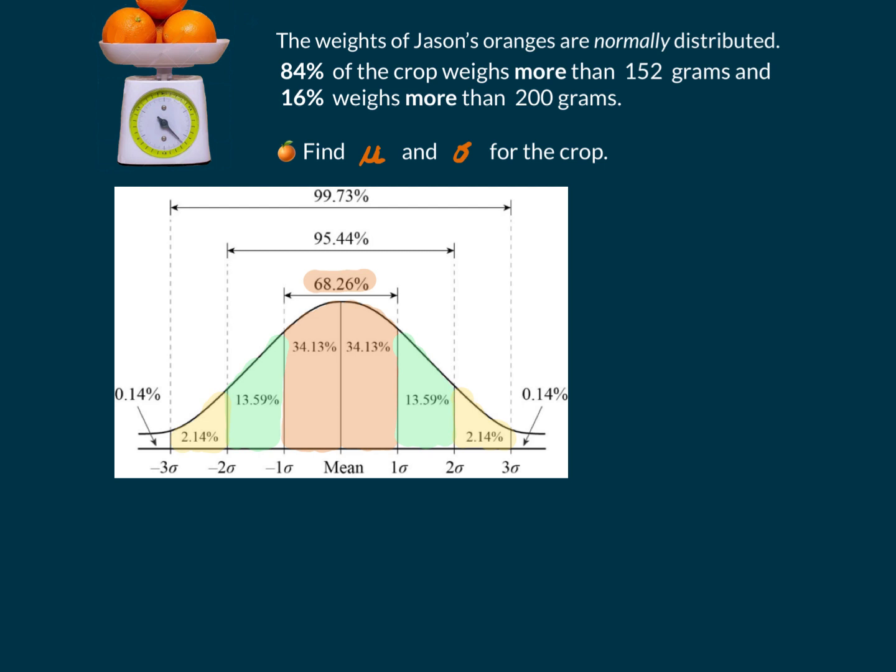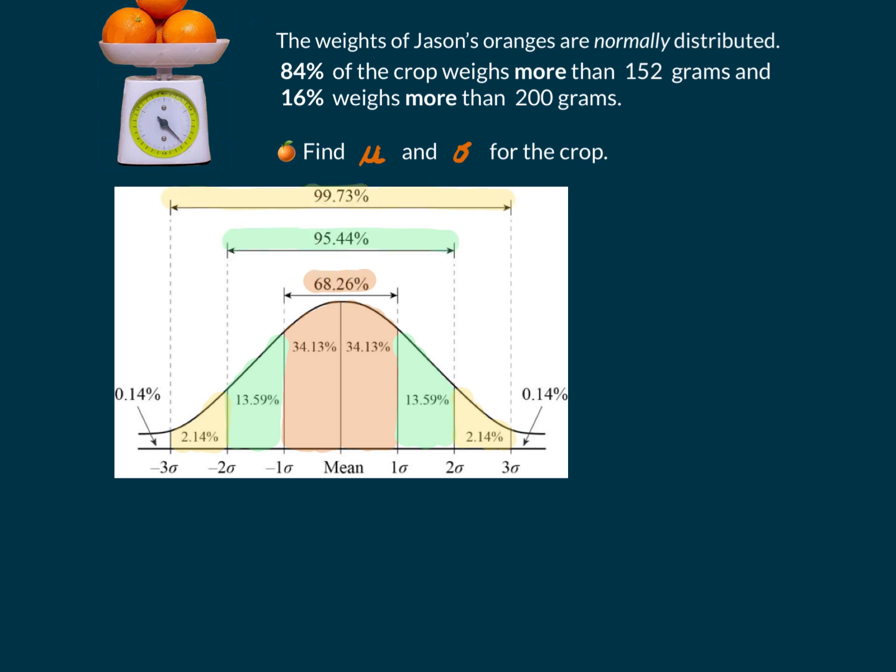It keeps on going forever and ever, and there's always a tiny amount on the right-hand side of the tail as well as on the left-hand side of the tail, about 0.14%, so that when we take all the 3 standard deviations on both sides together, 99.73% of the data is within those 3 standard deviations.